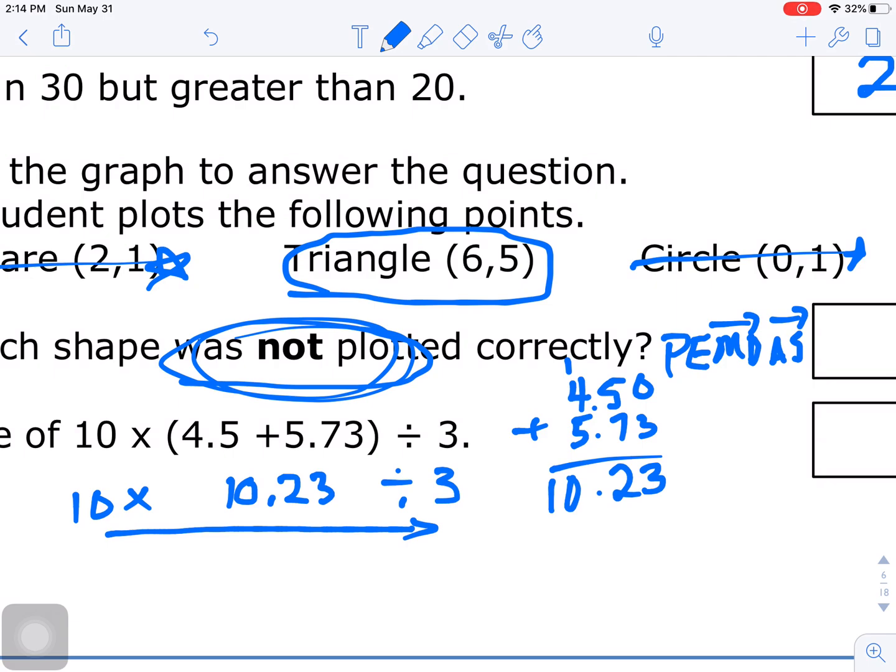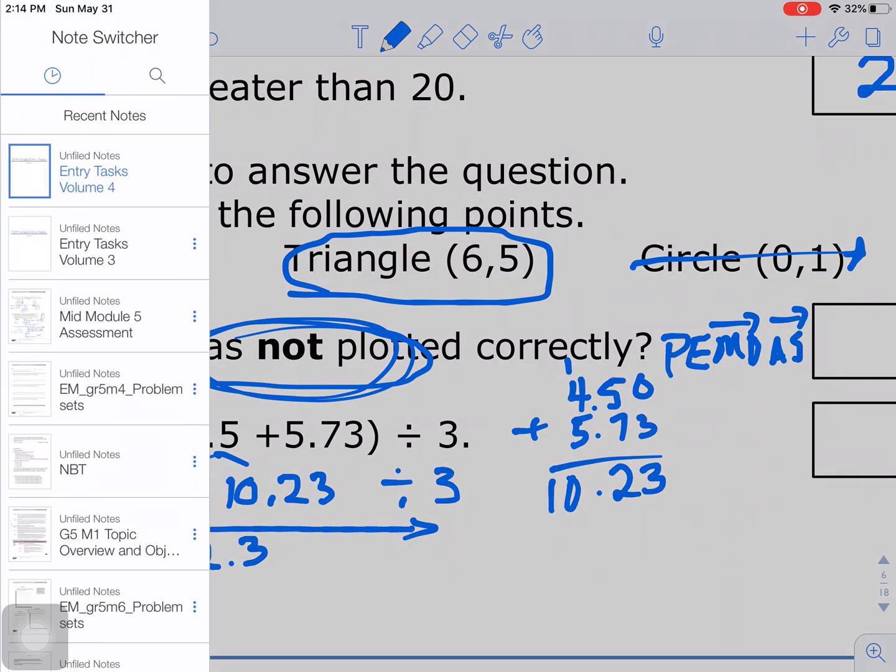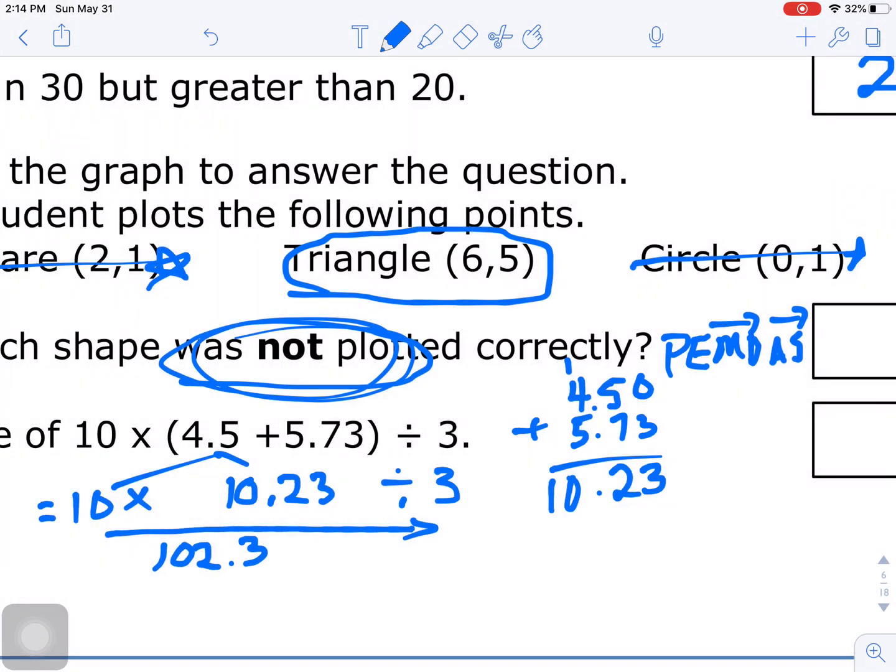So the next thing I'm going to do is 10 times 10 and 23/100. Well, if you guys remember way back to September, I just shift all the digits one place to the left if I'm multiplying. So that would be 102.3.